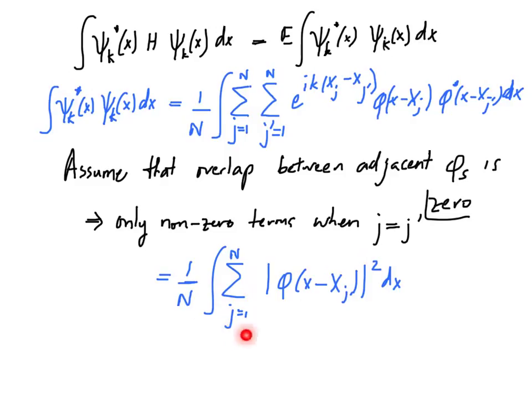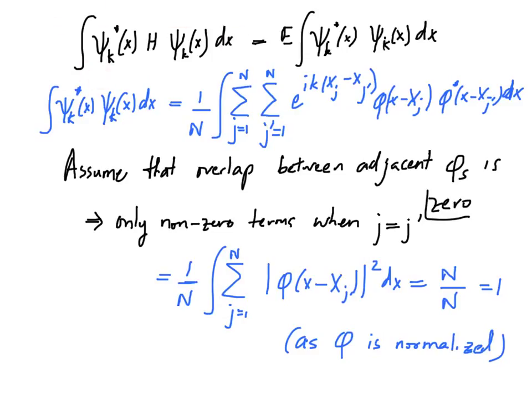So this entire piece over here is n, so n divided by n will give us 1, and so this integral over here is equal to 1. Okay, now we have taken care of this piece. This piece is just 1. What about that piece? That's our next task.